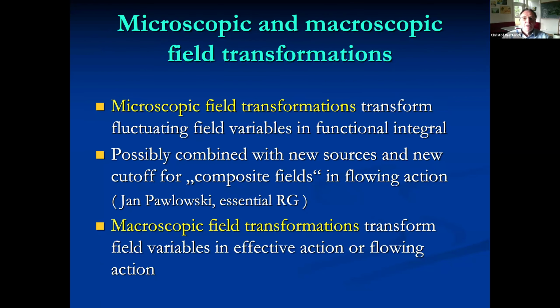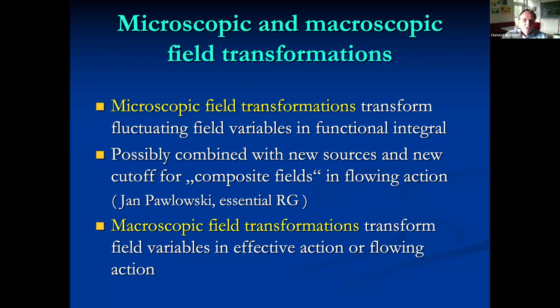Next topic is that we will see that there are different versions of field transformations, which I call microscopic and macroscopic field transformations. I will explain in more detail in what is coming where the differences are, and where the respective advantages or disadvantages are.